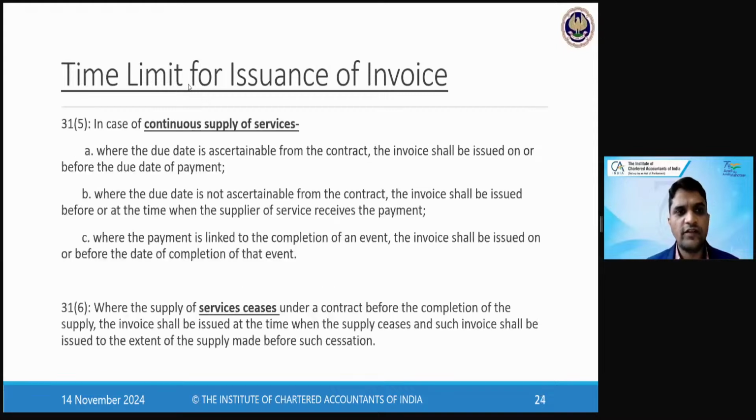Okay, moving forward. In case of continuous supply of services, we had seen the time of supply for continuous supply of goods, but for continuous supply of services, where the due date is ascertainable from the contract, then the invoice shall be issued on or before the due date of payment.